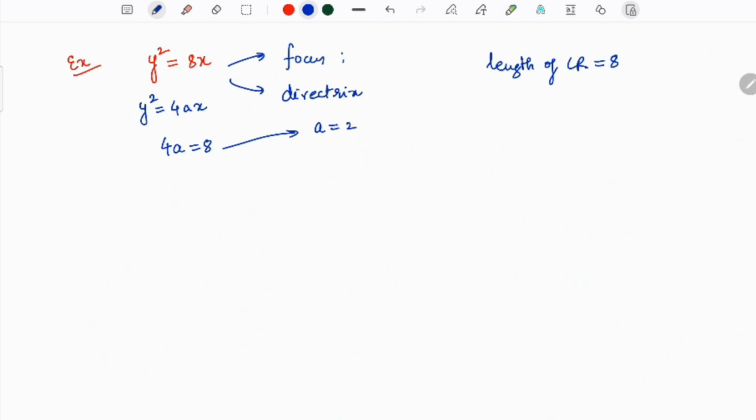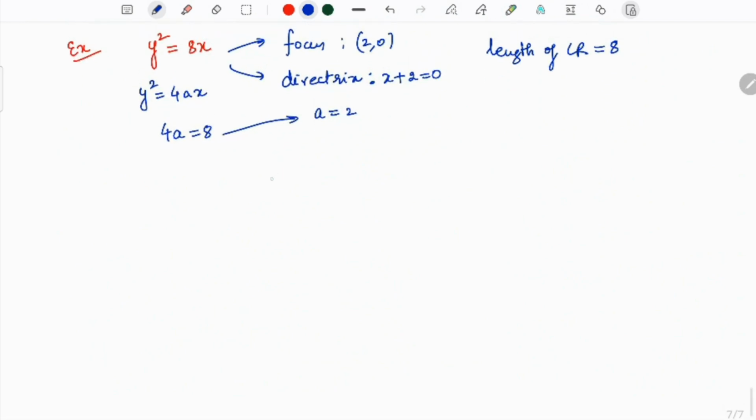A value is 2. Focus is (a, 0), that means it is (2, 0). What is the directrix? That is x plus a is equal to 0, that is x plus 2 is equal to 0. So the directrix is the vertical line x plus 2 is equal to 0.